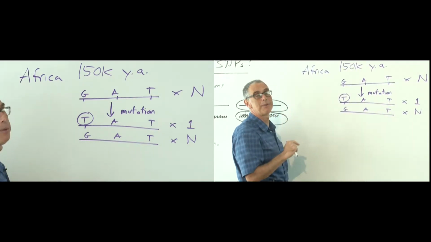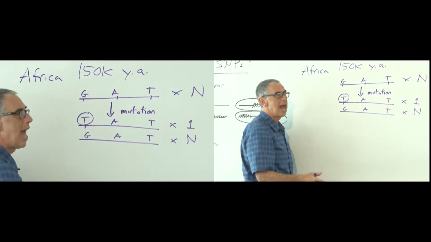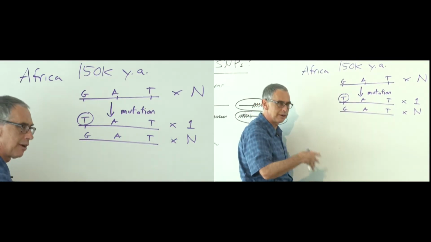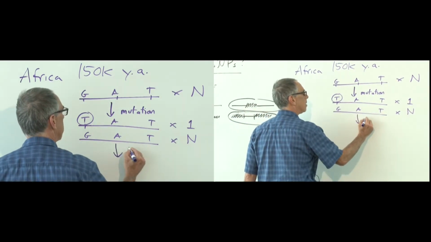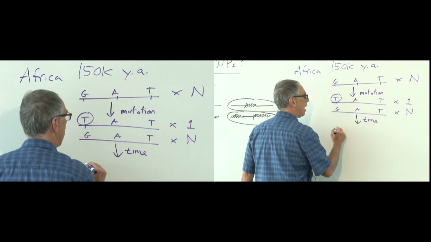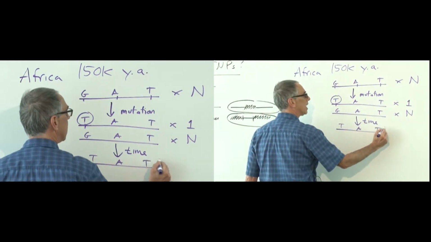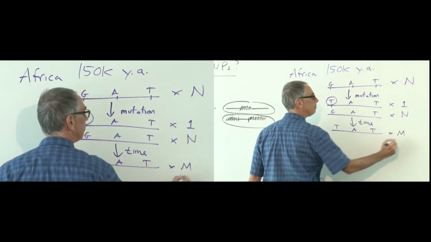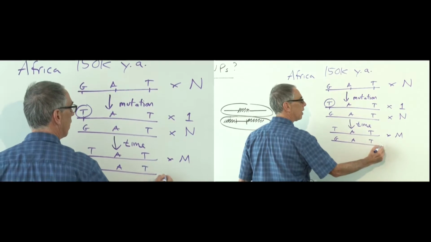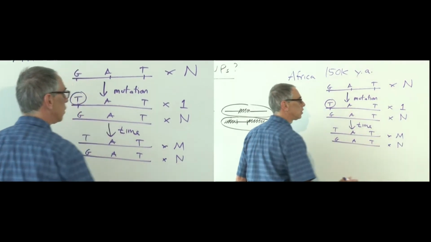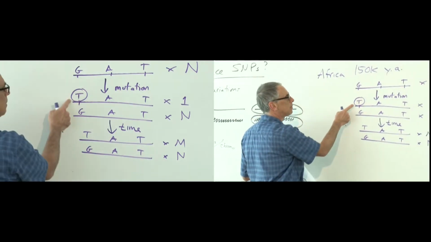But let's take the happier thought that this baby has several other babies themselves, and that their babies have grandchildren and great-grandchildren, and that over time, time passes, and we actually have a population with a bunch of people who have TAT, let's say M of them, and then of course the original chromosome is still floating around. So just to use some of the vocabulary that we've learned in other segments, these are haplotypes.